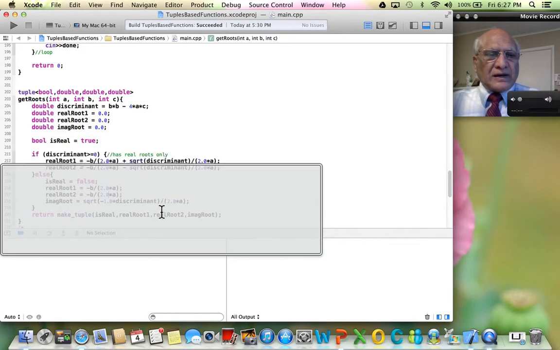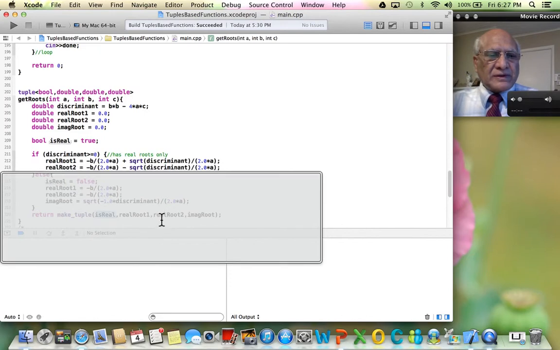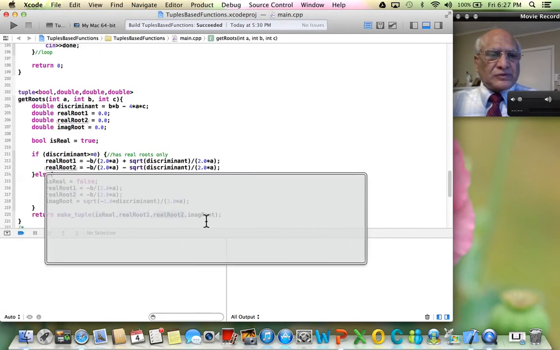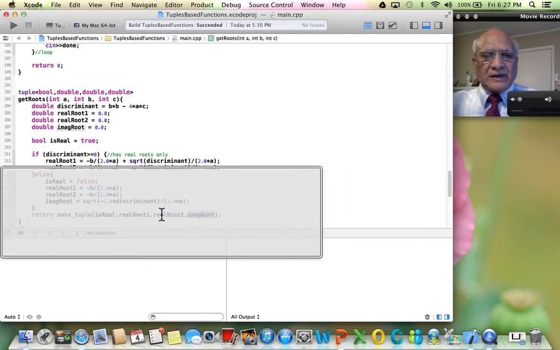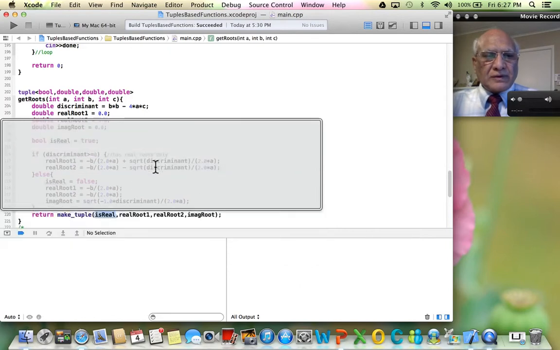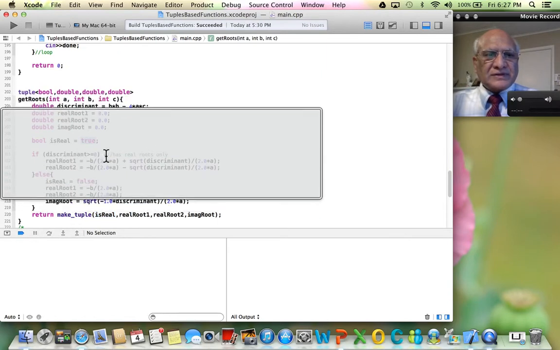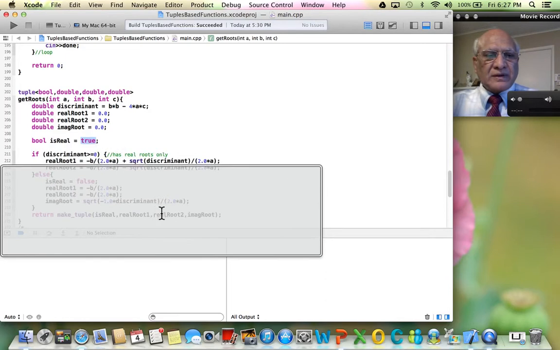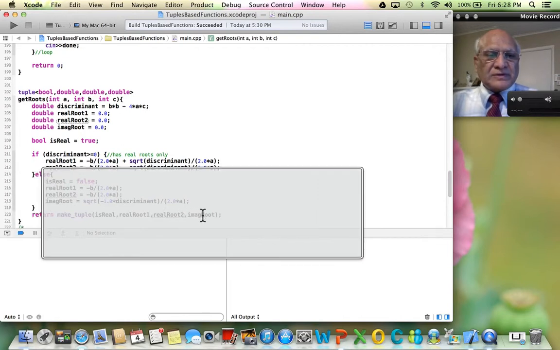Okay. And then I use the make tuple function to return the tuple is real, real root 1, real root 2, and imag root. So just understand that is real will be true. It was set to true here and not changed in this if discriminant greater than 0 part. Real root 1 and 2 will be different when I actually have two real roots, when discriminant is actually greater than 0, and in that case imaginary root will be set to 0.